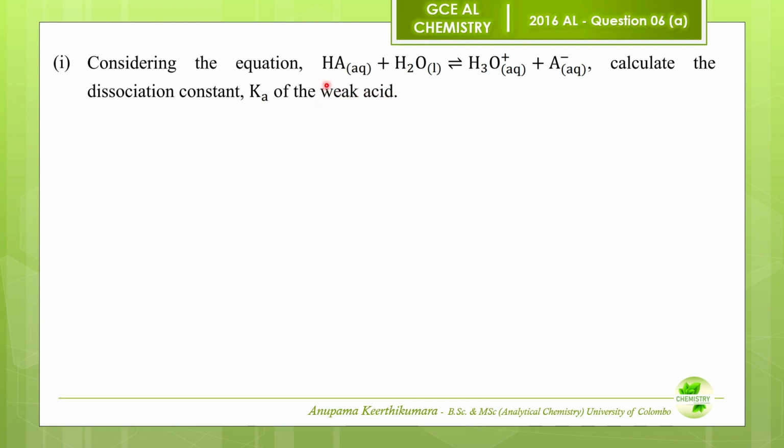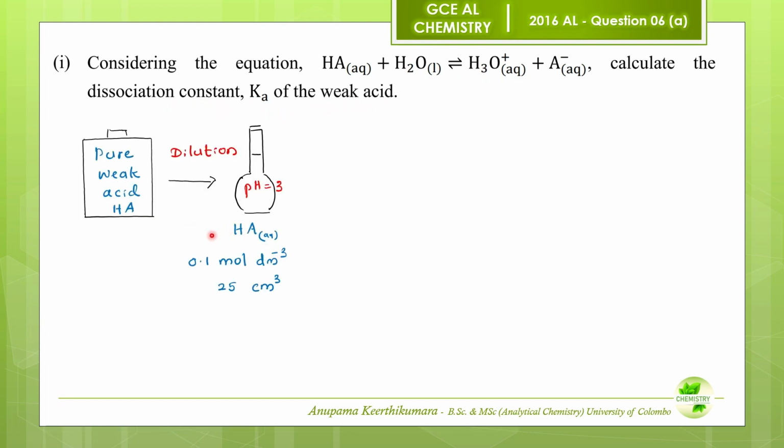The equation for the dissociation of this weak acid was given in the question, and we have to calculate the dissociation constant Ka of this weak acid. This dilute HA solution was prepared by adding distilled water to an appropriate amount of this pure weak acid.